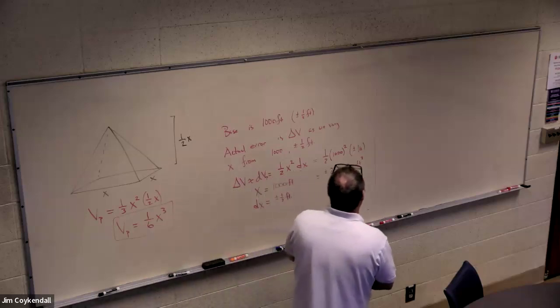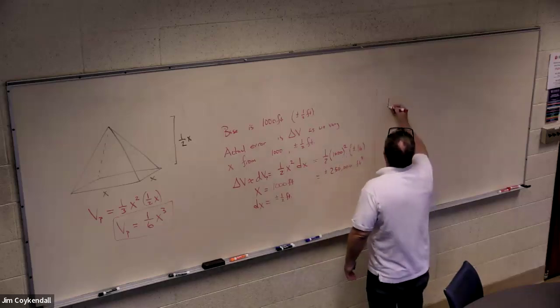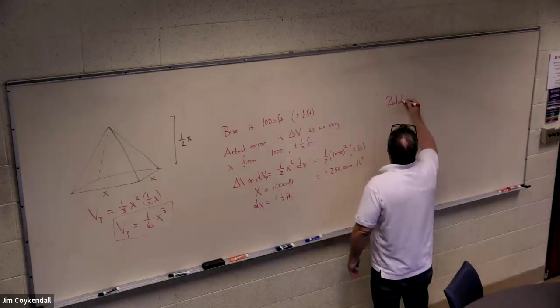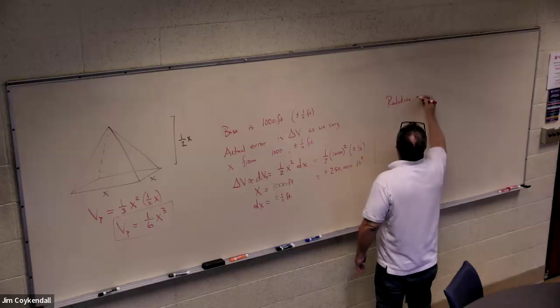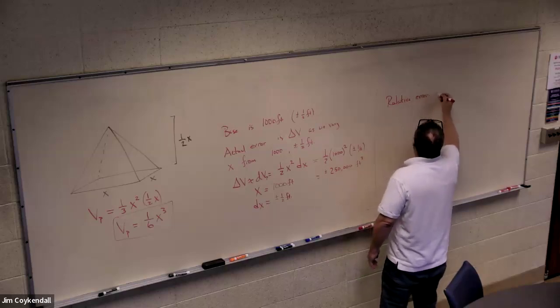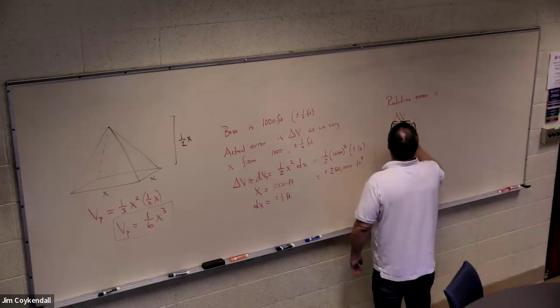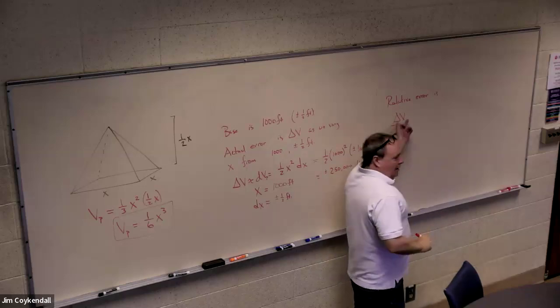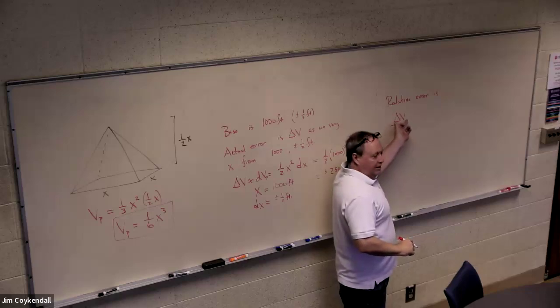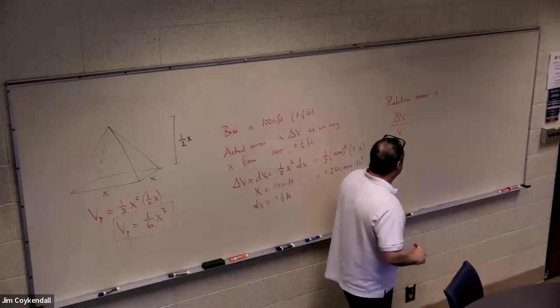This is the other one, the relative error. The maximum delta V, this is how much we could have missed by. Delta V over V, that's my relative error.